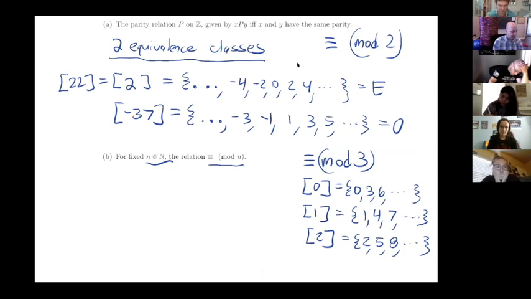So these would be positive integers. What is that third set again? This one here, yes. This is all of the natural numbers that have a remainder of 2 when you divide it by 3.